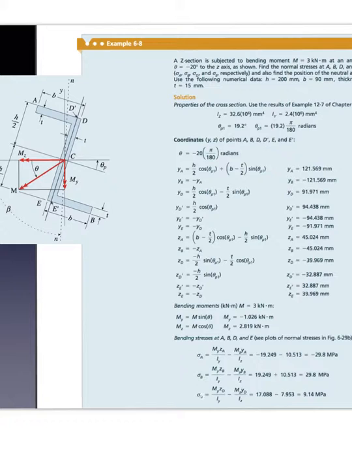As usual, we know that the flexure formula for calculating normal stress at a point requires the distance from the principal axis. Likewise, we must now determine the x and y coordinates of each point A, B, D and D prime, E and E prime.